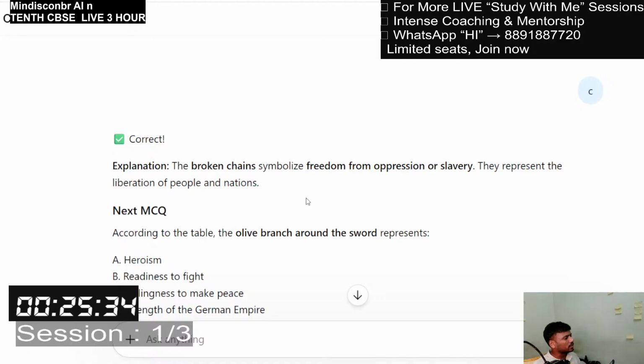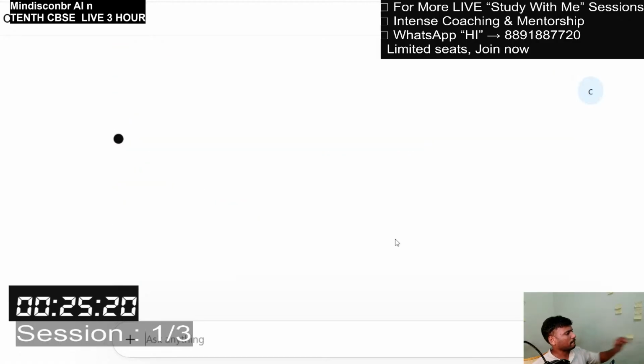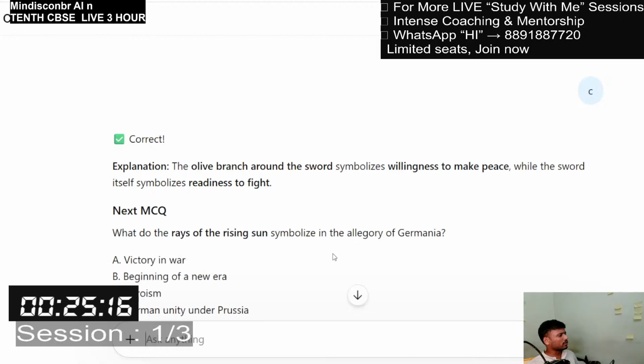According to the table, the olive branch around the sword represents willingness to make peace. The olive branch around the sword symbolizes willingness to make peace, while the sword itself symbolizes readiness to fight.